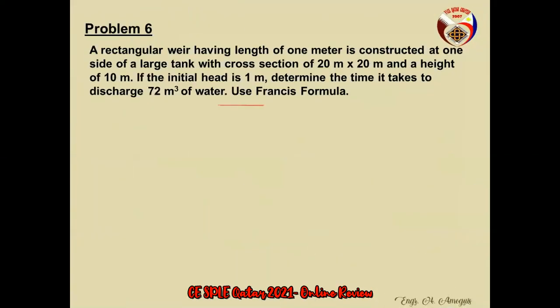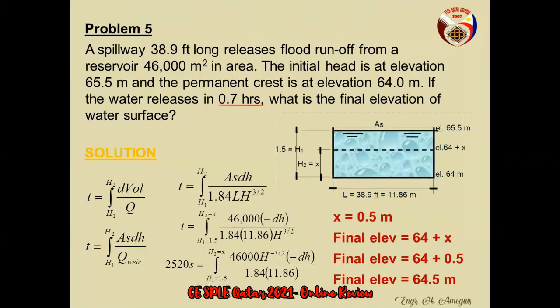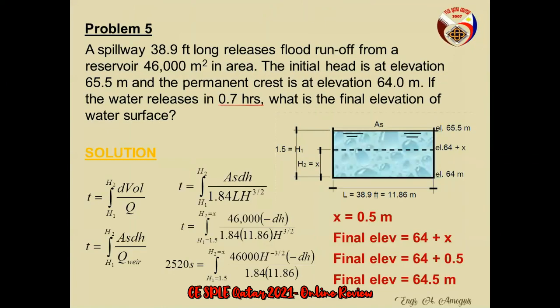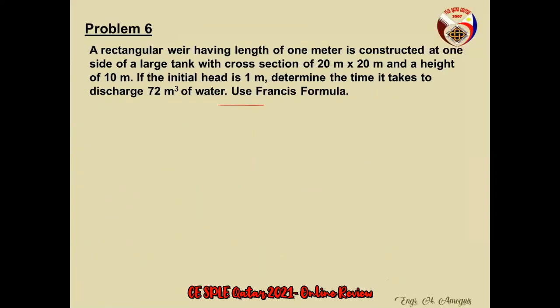So, eto iba naman, ito rectangular weir. Ano ba ito? Rectangular to. Spillway is also rectangular weir. Ito naman is rectangular weir, length of 1 meter, constructed at one side of the large tank with cross-section of 20 by 20 and a height of 10 meters. The initial head is 1 meter.